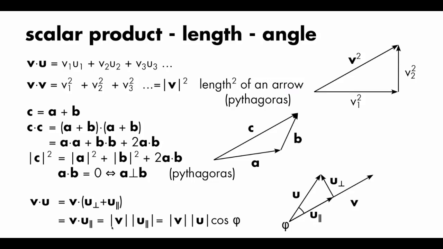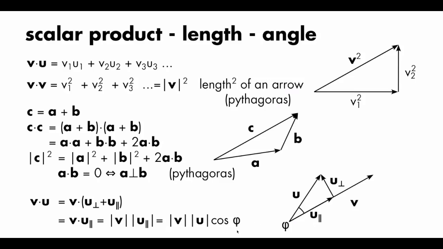And we didn't really show this, but it's not so hard to see that if you have two parallel vectors, the dot product is just the product of their lengths. And now we just express u parallel in terms of u and the angle between the vectors. And if you know a little bit of trigonometry, you will see that this is the length of u times the cosine of the angle between the vectors.